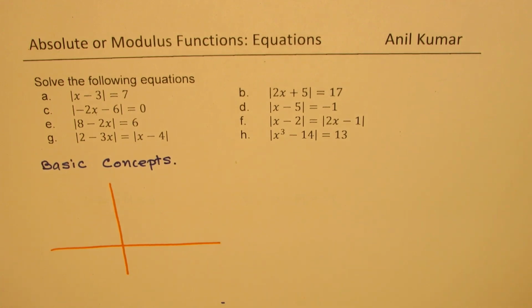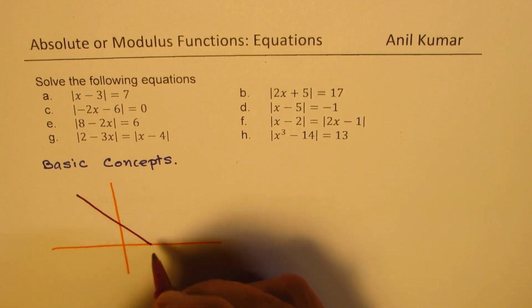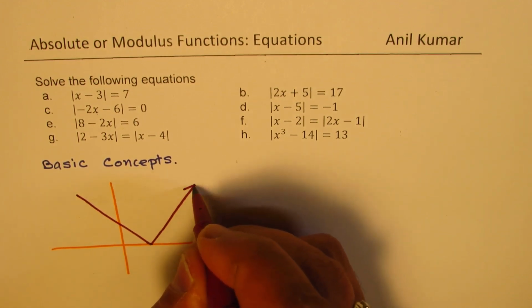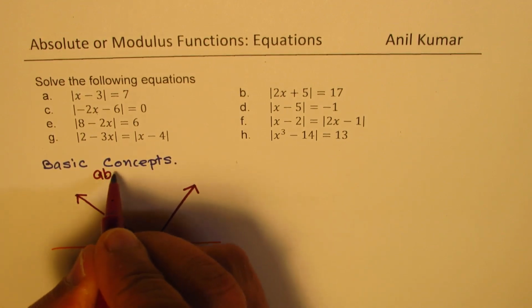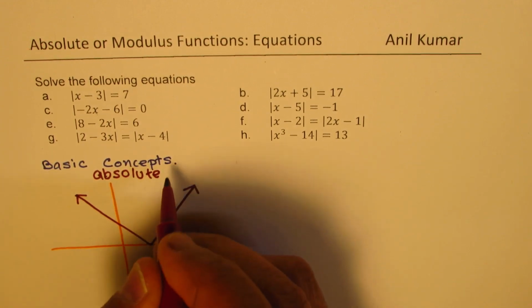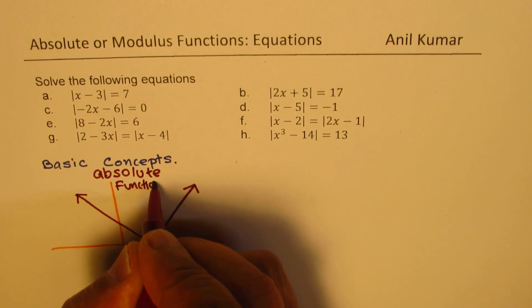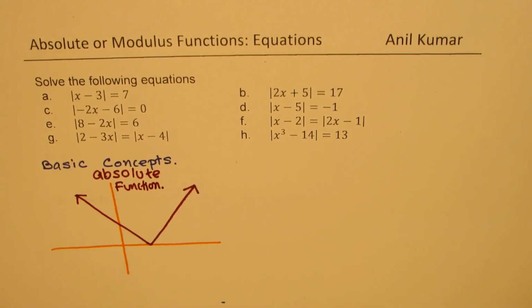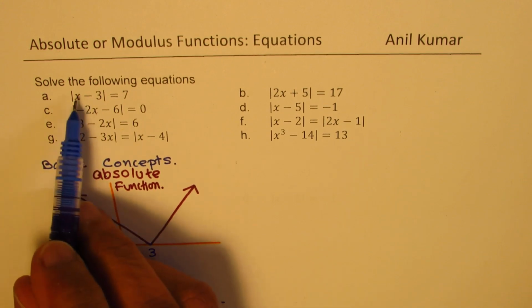Normally, absolute function will be given in general. Let us say something like this, right? So this is our absolute function. Okay. Now, if I have something like 7 here, let us say this point here is 3, then we're talking about the very first example, right?